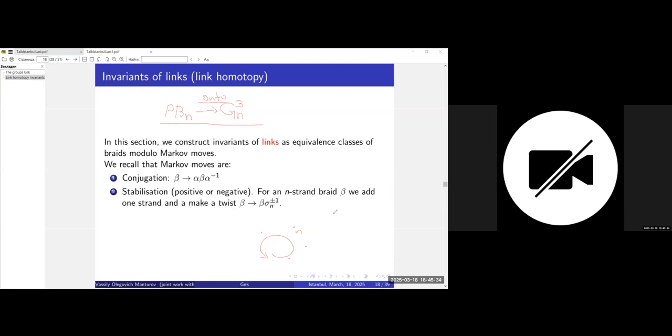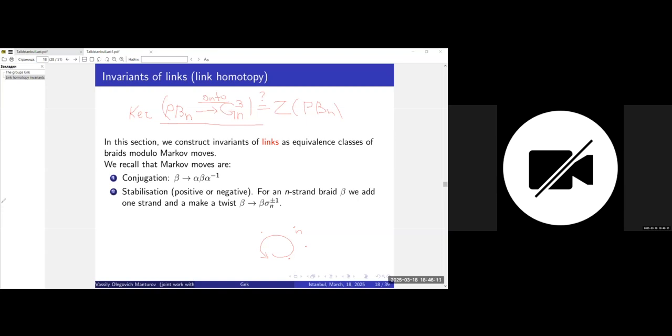This braid is non-trivial, and this is exactly the generator of the center of the pure braid group. And I expect that this kernel is exactly the center of the pure braid group. This is almost proved, but I believe this is true. If it's so, then this is almost a homomorphism that needs only a bit to be fixed.